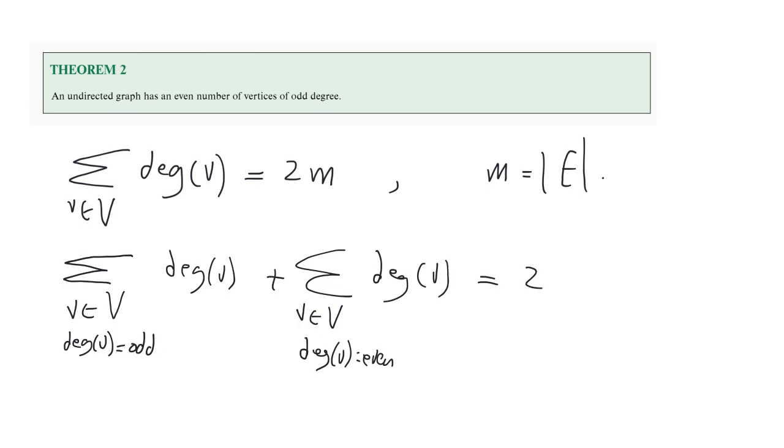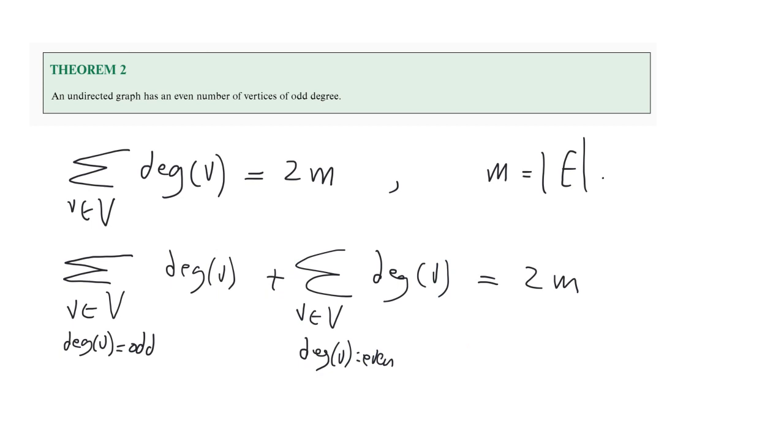This is again equal to 2M, right? Because this is just the summation of all vertices. I broke up the summation into the 2 parts. So I first sum all of the odd degree vertices, and I then sum all the vertices with even degree.